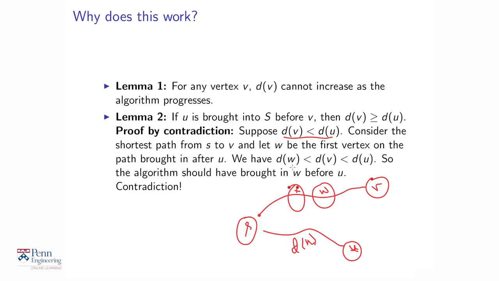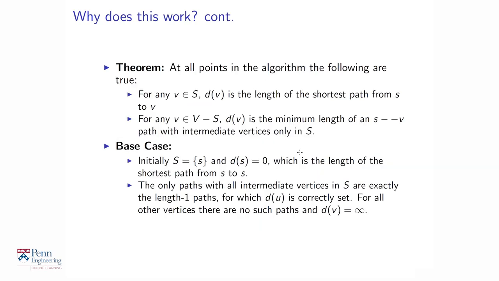The value d of w was already fixed, and it was smaller than d of u. If that's the case, w should have been brought in before u according to the algorithm. So this can never happen. So we have a contradiction, which means that d of v must be greater than or equal to d of u.